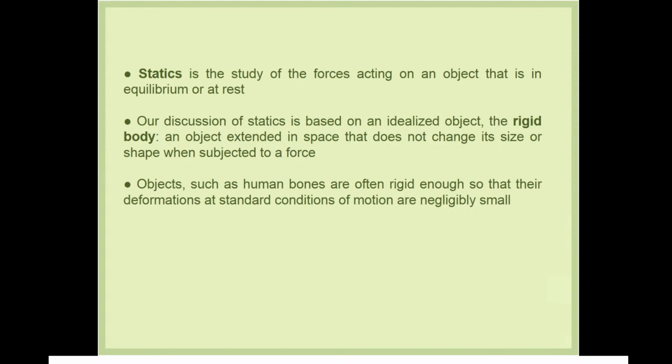Objects such as human bones are often rigid enough that their deformations under standard conditions of motion are negligibly small.